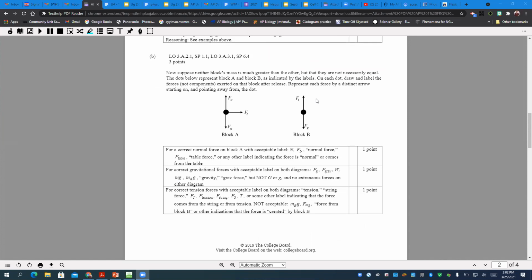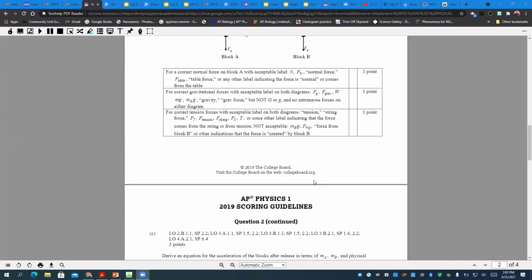If you set a tension here and a tension here, then you got that point as well. Again, label them many different types of ways to label tension. But you couldn't have said just MG or MB or force from block B, or anything that it's created by block B. Okay, and that was B.